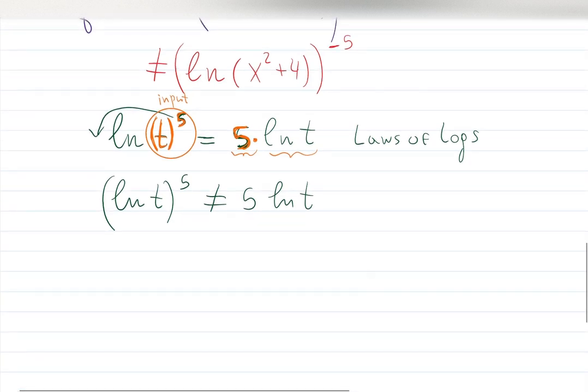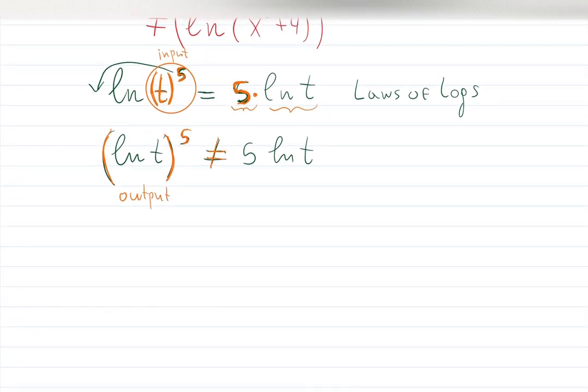But it doesn't work when the whole log is raised to the 5th power. Then you cannot do the same thing because now the output is raised to the 5th power. The difference also can be shown as t times t times t times t times t, 5 times, versus log t times log t times log t times 1, 2, 3, 4, 5 log t.